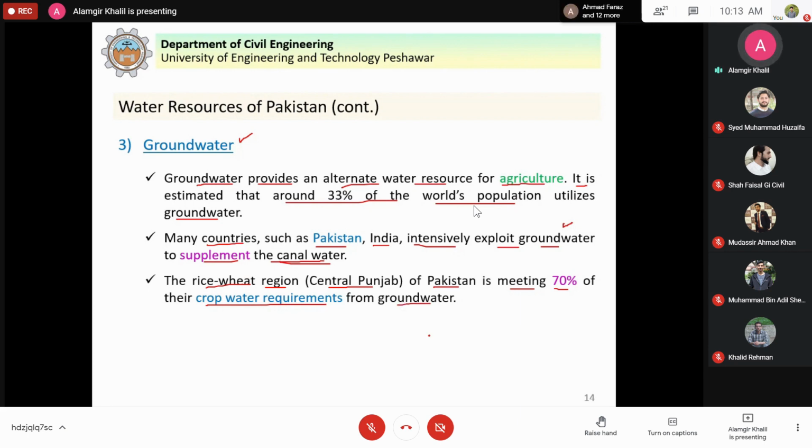So you can see the importance of this source.